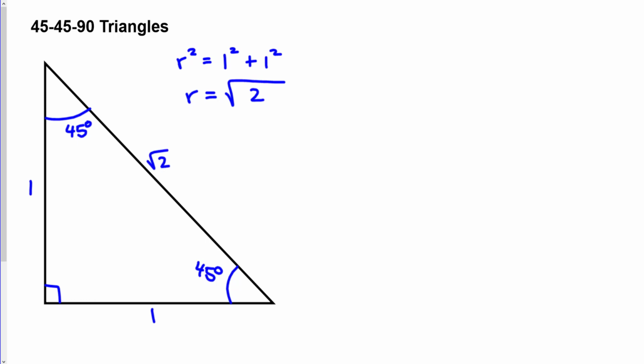So what that means is in a 45, 45, 90 triangle, the ratio of sides is 1, 1, square root of 2.